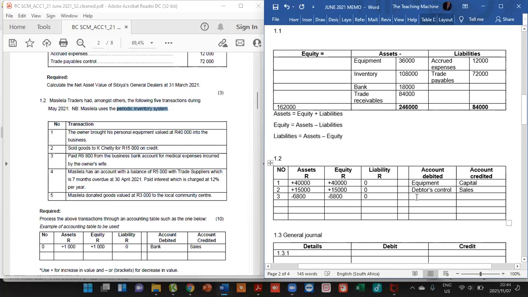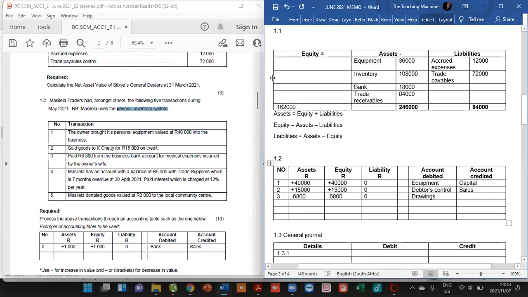Debit side, okay. What is the opposite of capital? It's drawings. If capital is credited, it means that drawings should be debited. It makes sense because equity increase on the credit side, equity decrease on the debit side. So if the owner takes from the business, we'll make an entry on the debit side.